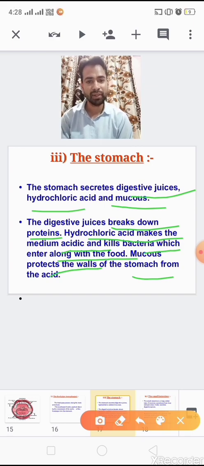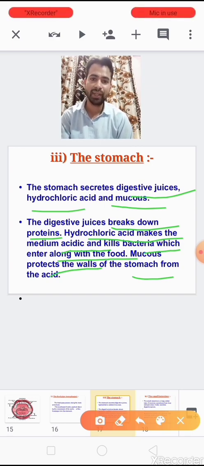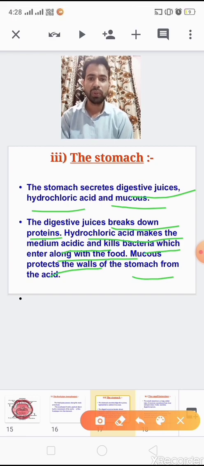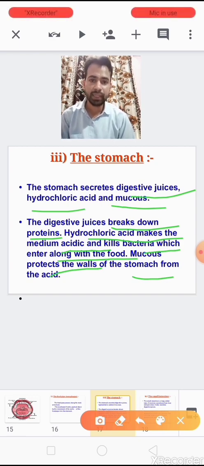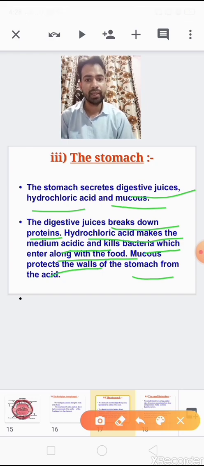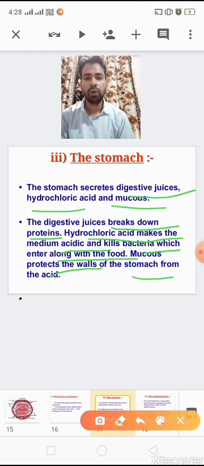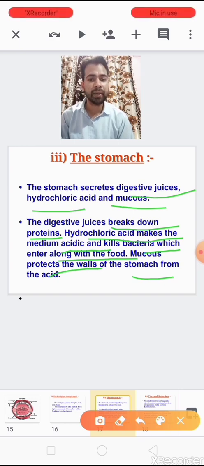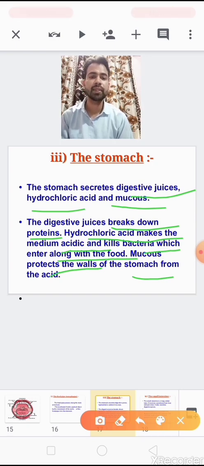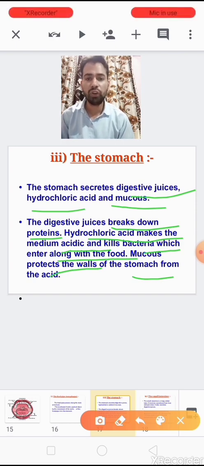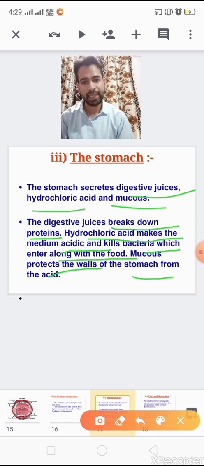Some children do not wash their hands and eat the food, so bacteria come into the stomach. So hydrochloric acid kills those bacteria that come along with the food. And hydrochloric acid also provides an acidic medium for the digestion of food. Okay, the third thing in the stomach is mucus. It protects the wall of the stomach from the acid.